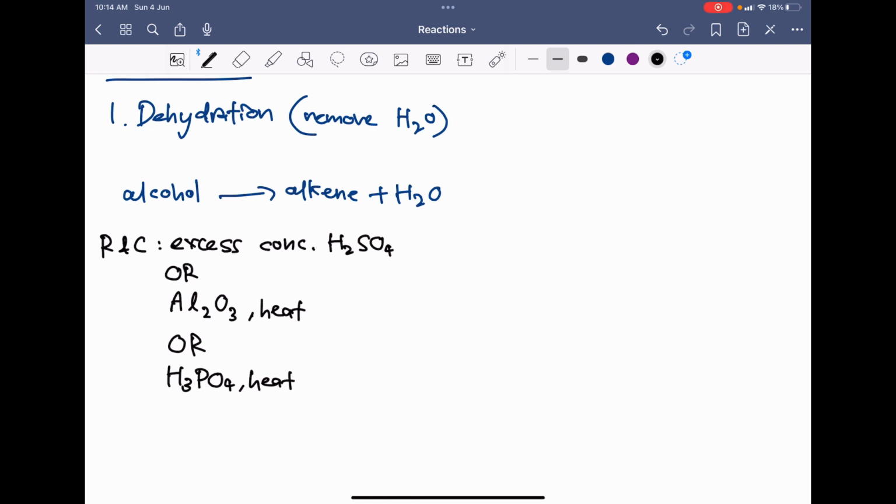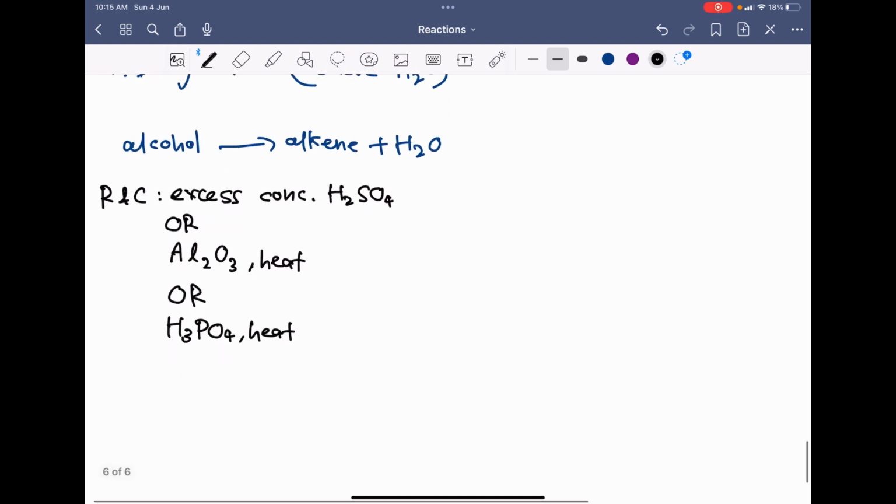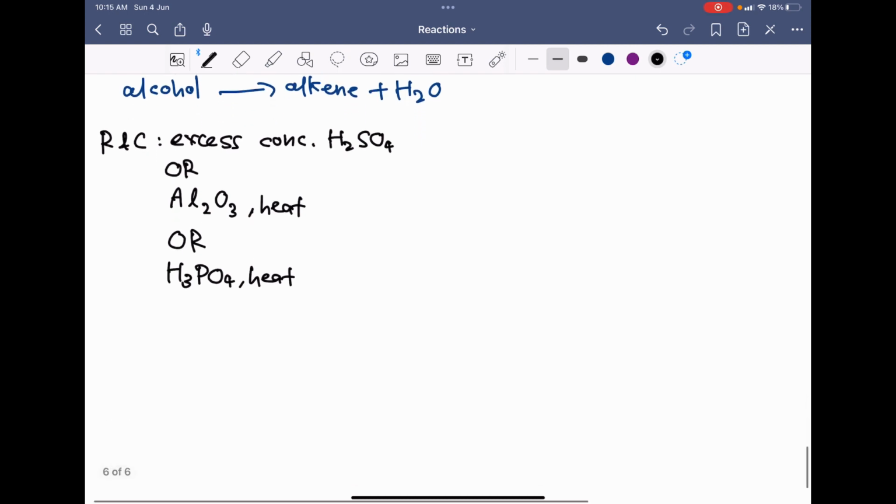So 3 conditions, that's a lot, right? Don't worry, just remember the first 2. Actually, excess concentrated H2SO4 is the most important one, so I would suggest you focus on that the most. But in our syllabus, the first 2 are more important. So excess concentrated H2SO4 and hot Al2O3.